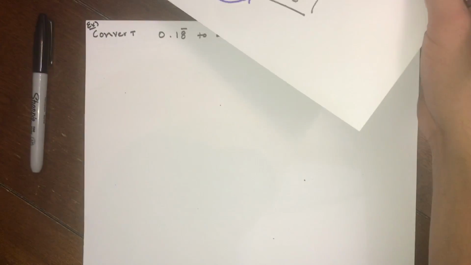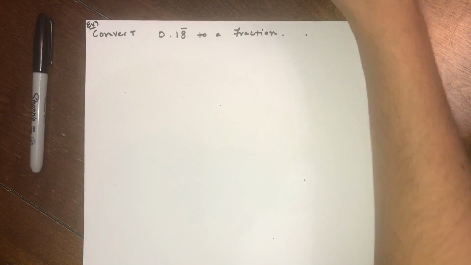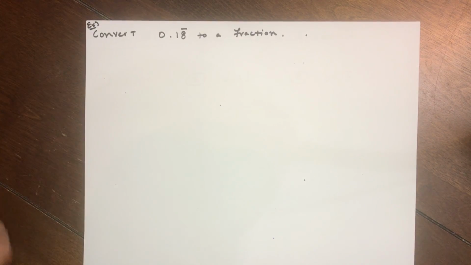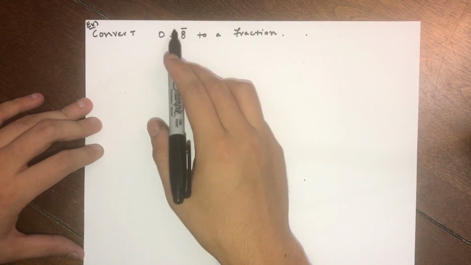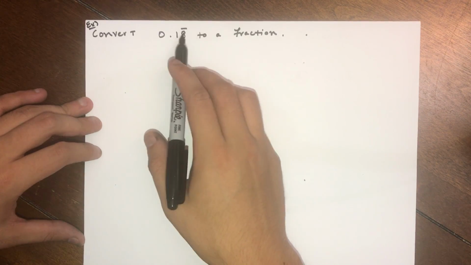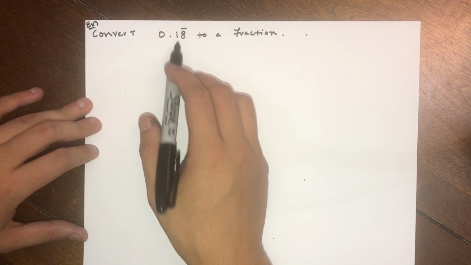This next one can be a little confusing, so pay close attention. Here, we're going to convert 0.18 repeating to a fraction where only the 8 is repeating. So be careful where the bar is. The bar is over the 8 only.